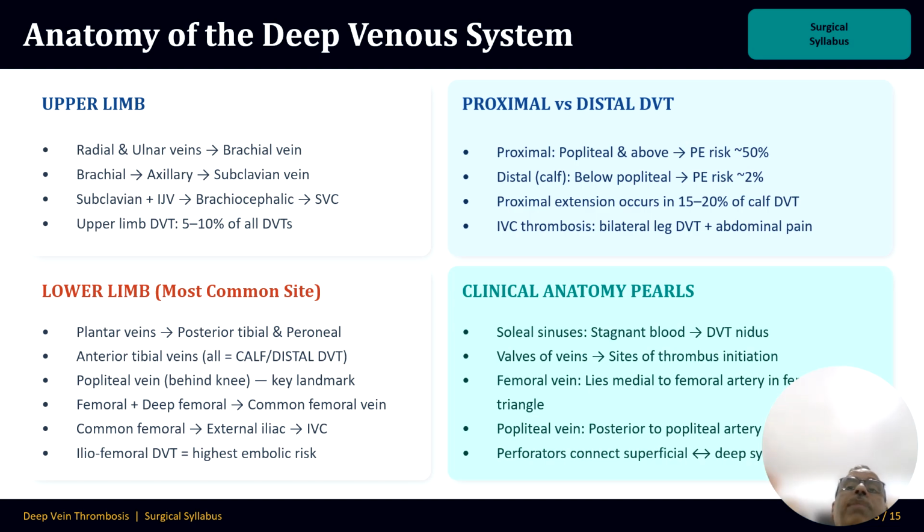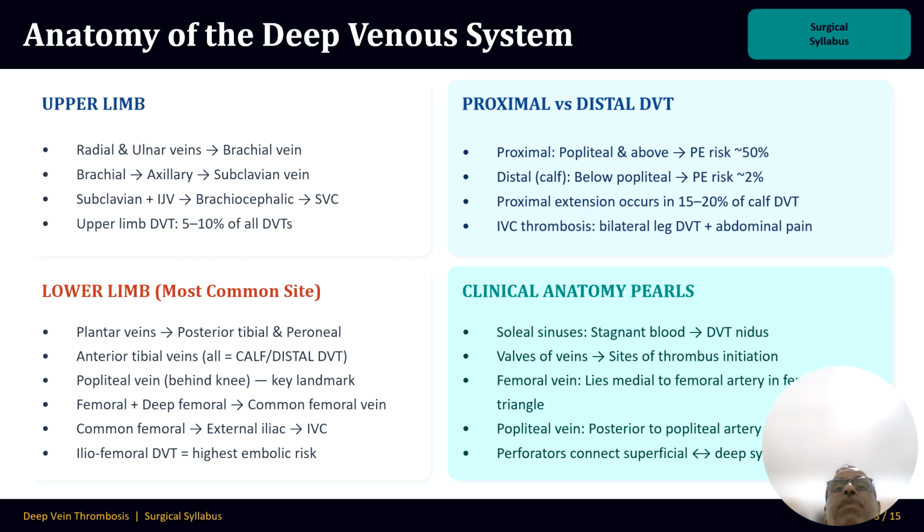And just to recapitulate what we have been talking about, in this slide you can see there are a few things which you should concentrate on, which we have already discussed: any deep vein thrombosis affecting the proximal veins, that means popliteal and above, carries a very high chance of pulmonary embolism to the tune of almost 50%.